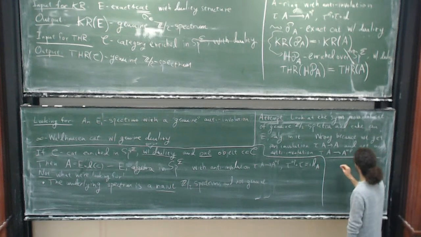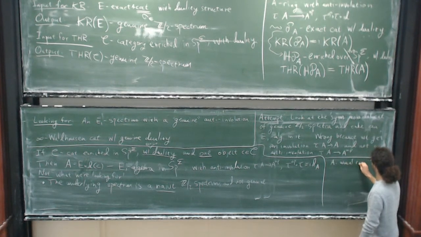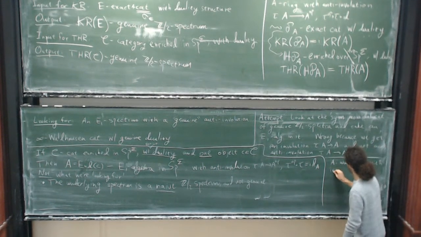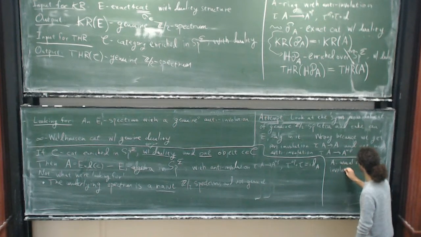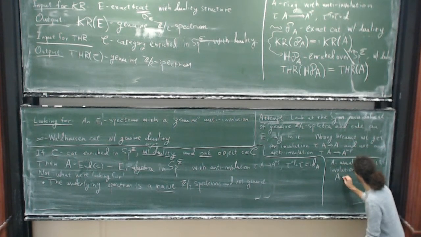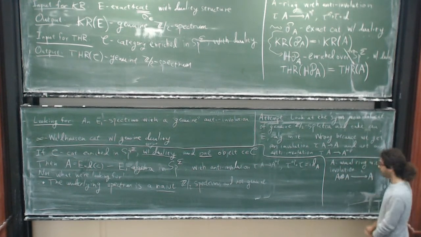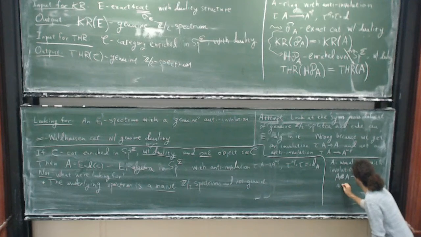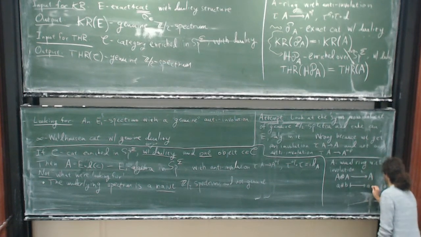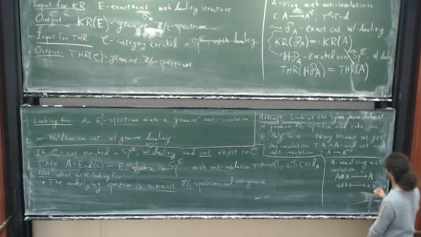So let's say I have a usual ring with involution. I have a map from A tensored with itself to A, which sends two elements a, b to a times b bar. So bar is just the anti-involution.